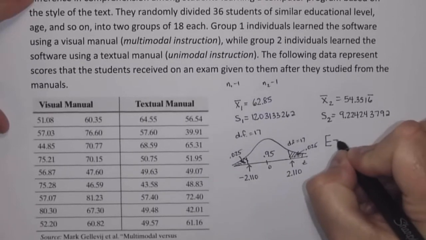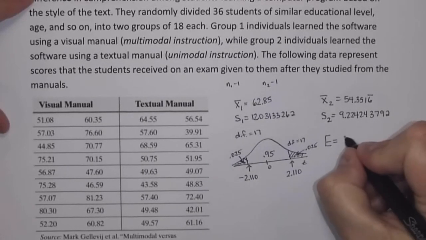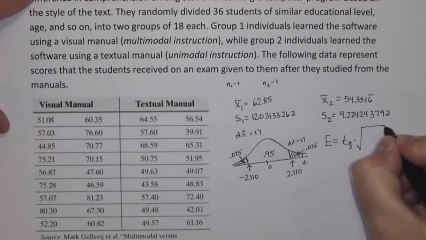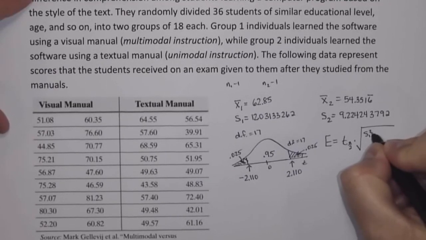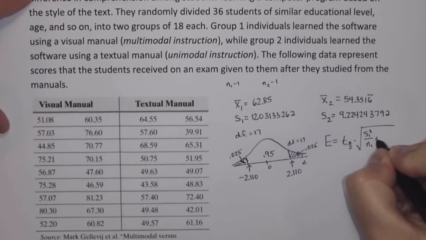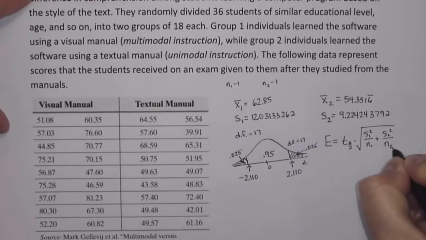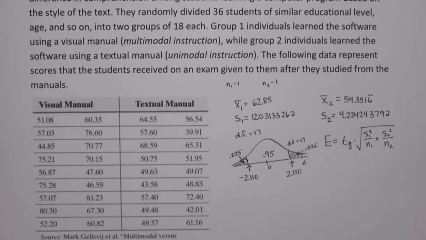So my margin of error, again, is going to be t sub alpha over 2 times the square root of s sub 1 squared over n sub 1 plus s sub 2 squared over n sub 2. That's going to be my margin of error.